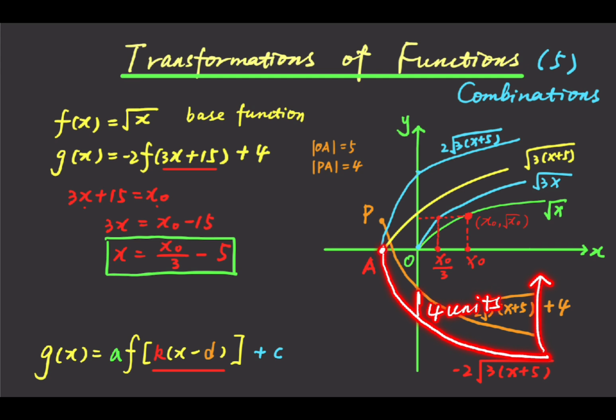If this point is moved upwards here, then PA should be equal to 4. The distance between these 2 points also equals 4. This point and this point, this distance also equals 4.